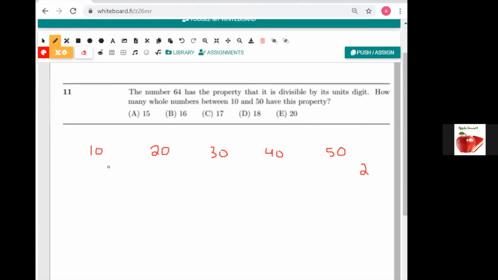So is 11 divisible by 2? No. Is 12 divisible by 2? Yes. Is 13 divisible by 2? Is 14? Yes.